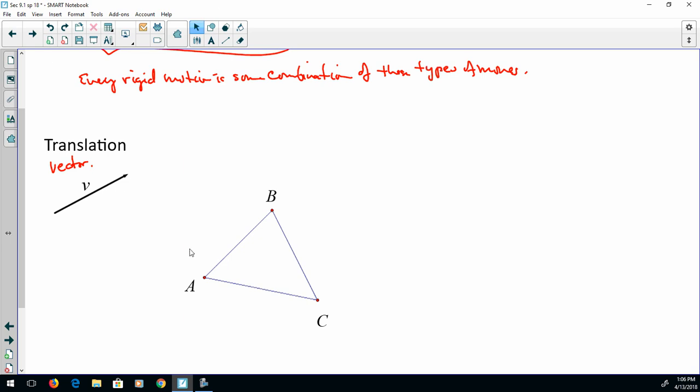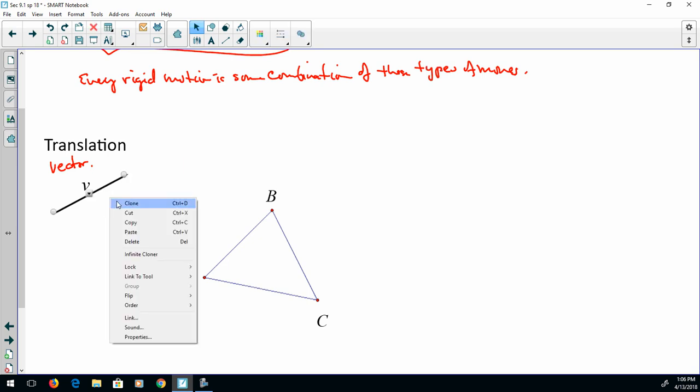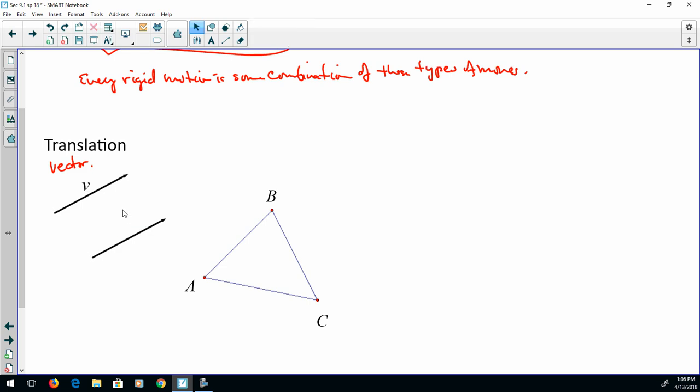Okay, so what this vector does is it tells me I want to apply this translation to the triangle ABC here, so I want to shift everything by that amount.